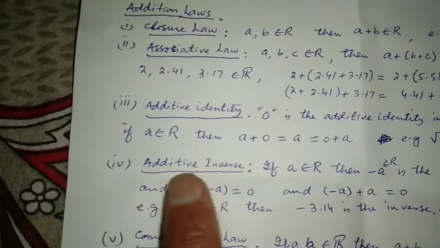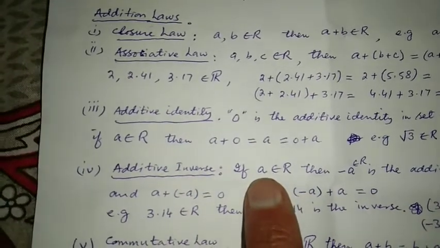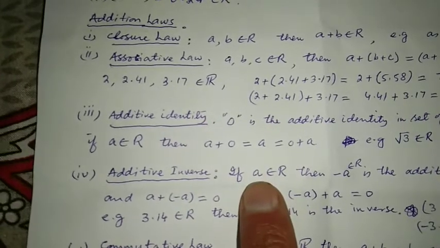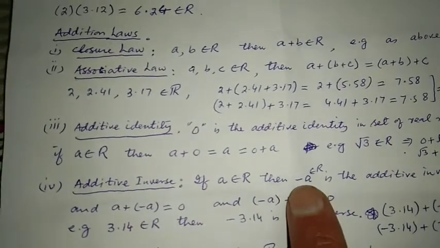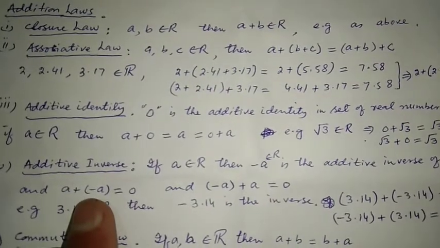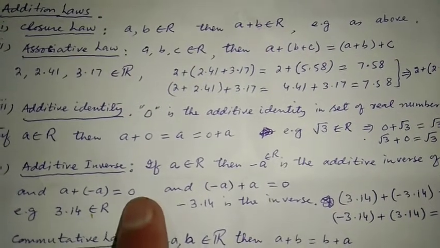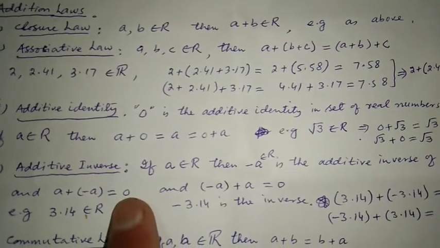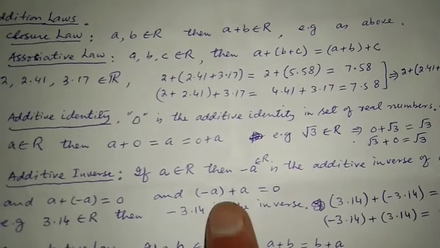Now the fourth one is additive inverse. In case of addition, if we take any real number, for example a, then the additive inverse will be minus a. And when we add these two real numbers, a plus minus a, the answer is 0, which is the additive identity, whether we are adding this inverse from the right or from the left.